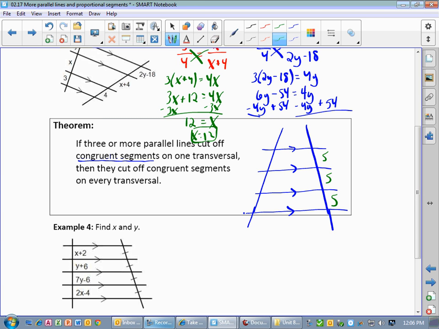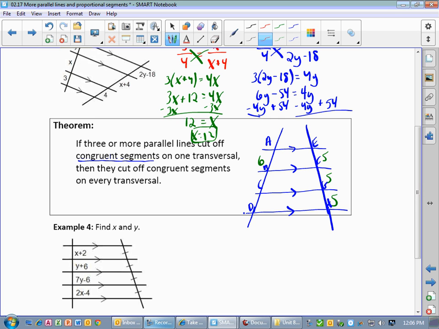For whatever reason, I know that. Either I'm told that or I measured it. And I know that this right here is 6. So again, either I know it or I've measured it. Then I'll label A, B, C, D, E, F, G, H. I'm just labeling my points.